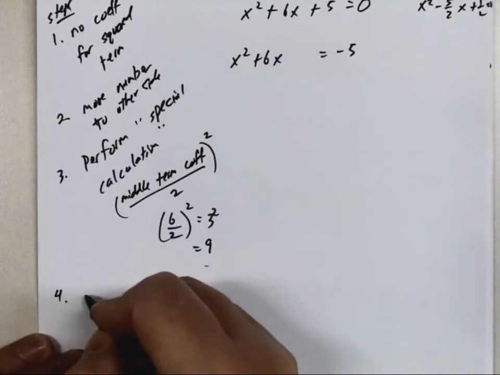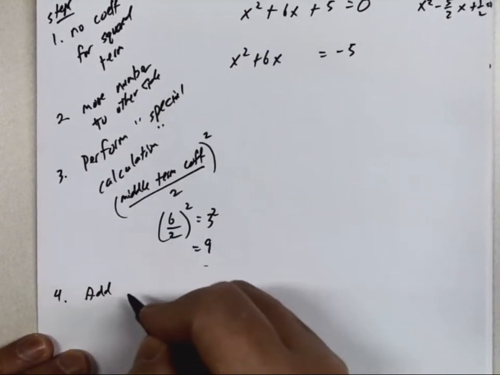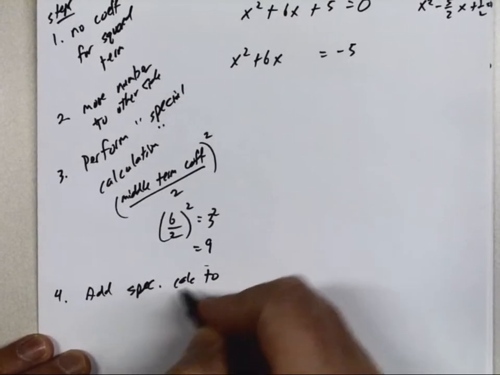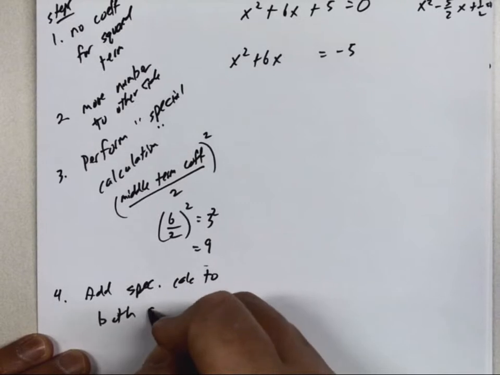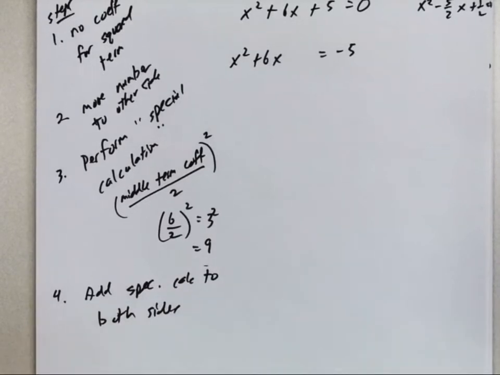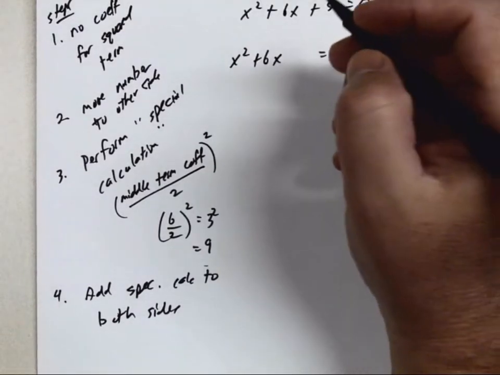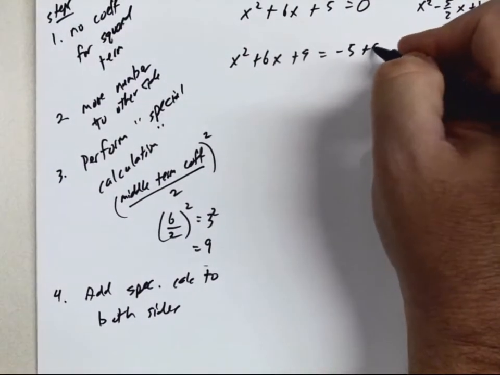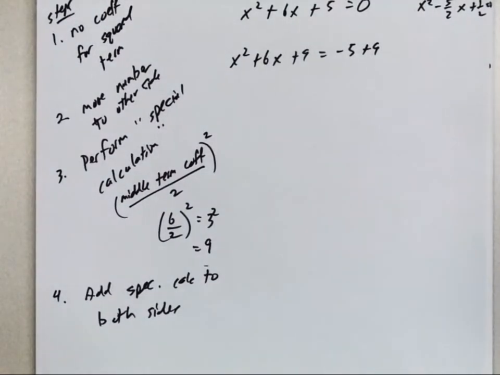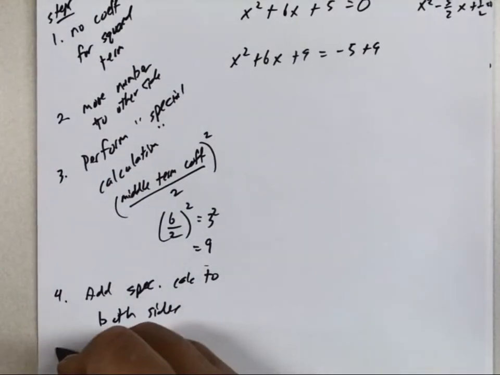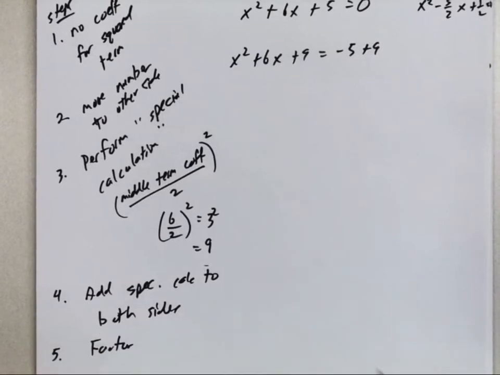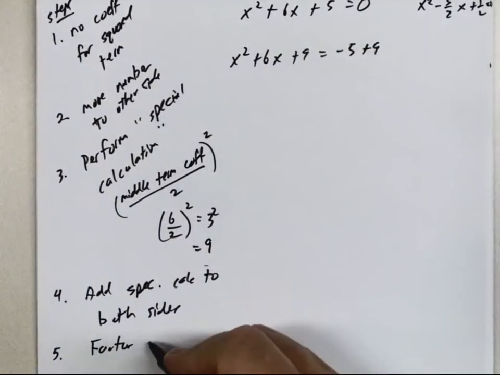Now what do I do with it? I'm now going to add this special calculation to both sides. And now I'm going to factor my trinomial here.